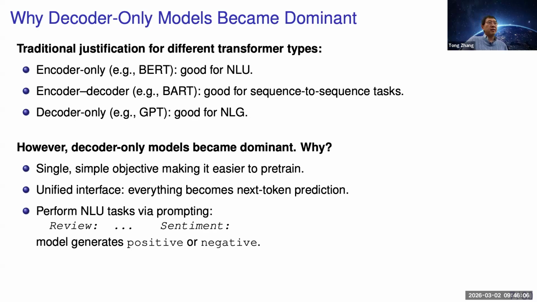I think OpenAI pioneered this, and they demonstrated that using prompts, you can basically turn an NLU problem into an NLG problem. So basically, you just keep generating. That's all.